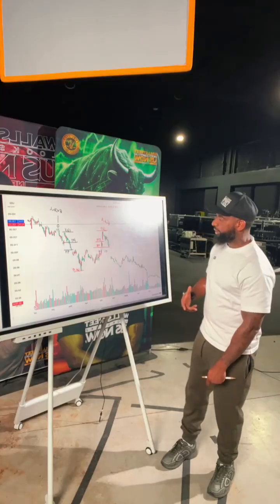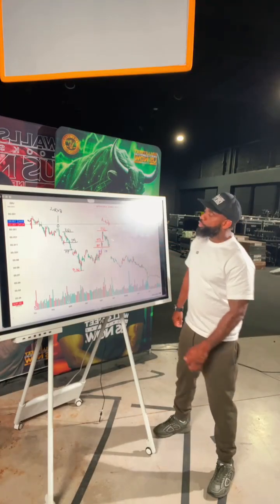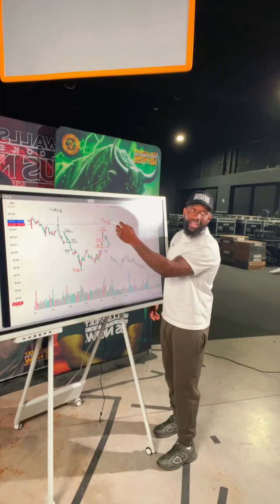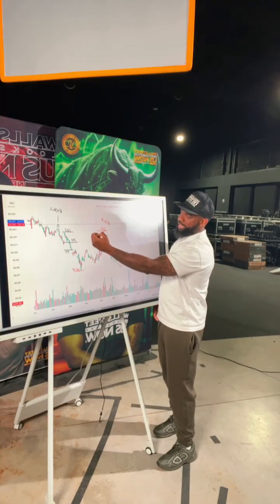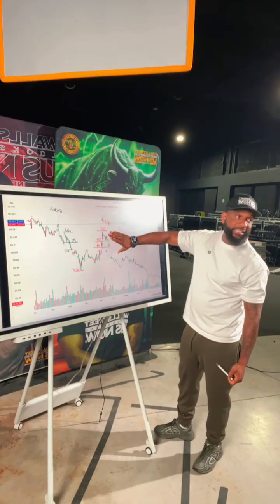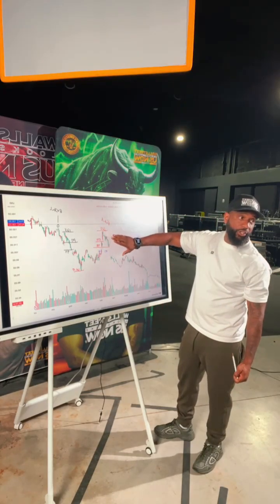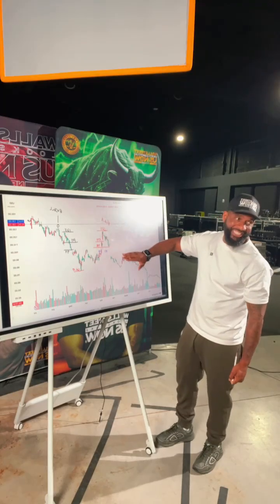So let's get into it. From February 18th, we had this large red candle that came down. This tells us that somewhere along the line we had a sell-off. This wasn't a sell-off, this was an execution.